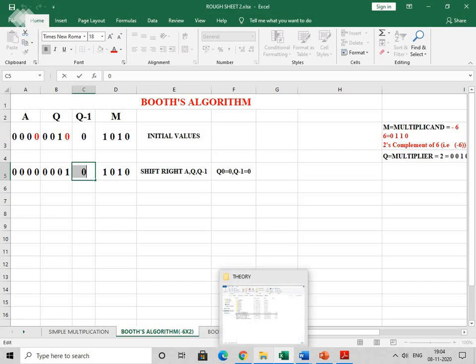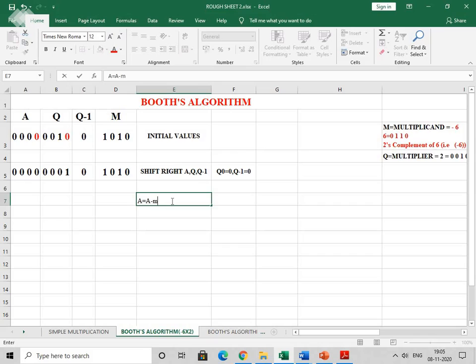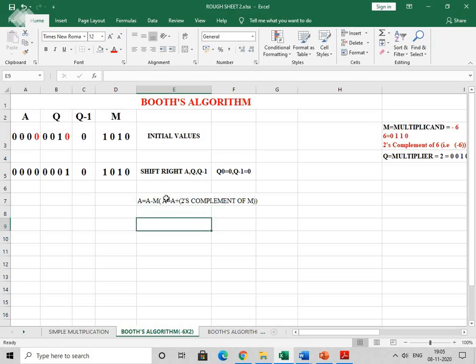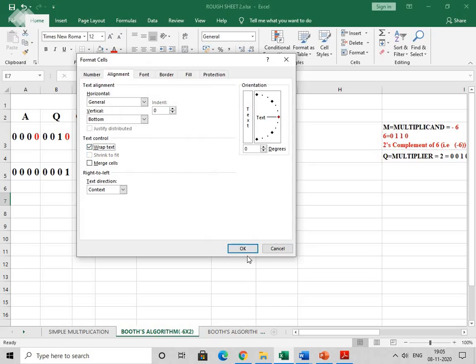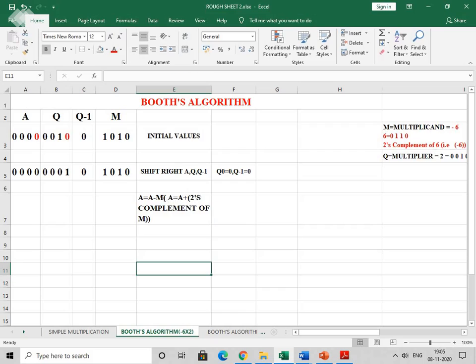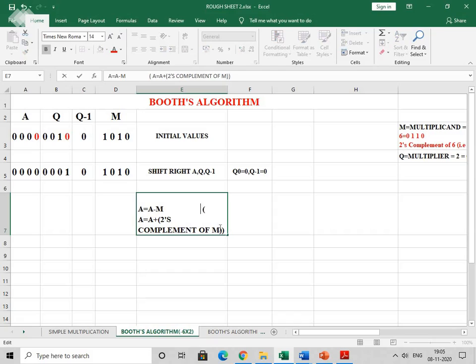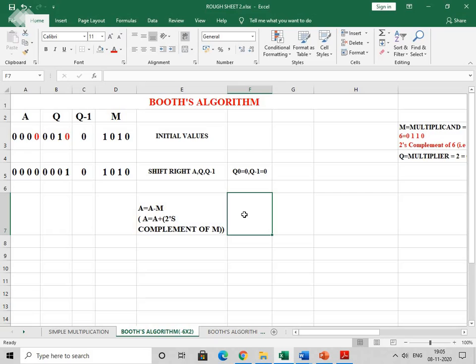So here, the current value of A, A equal to A minus M, I will write it in brackets, A equal to A plus 2's complement of M. Why we are doing this?